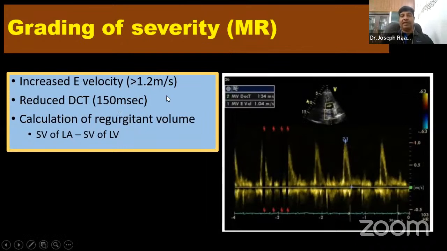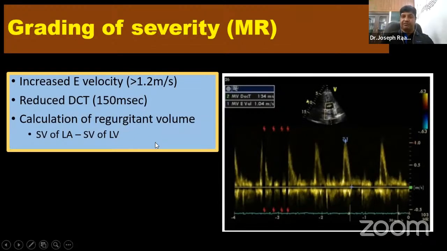Either the E velocity is more than 1.2 meters per second, or a very much reduced deceleration time. This all tells you about the severity of the regurgitation. And also, if you want, you can calculate the regurgitant volume. I'll be talking subsequently about how to calculate the stroke volume of the left ventricle.